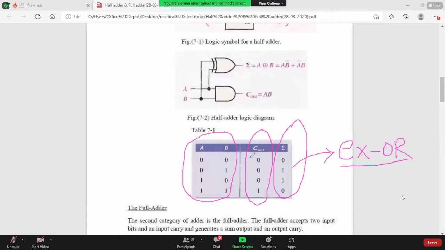So the output of the Cout is equivalent to which gate?